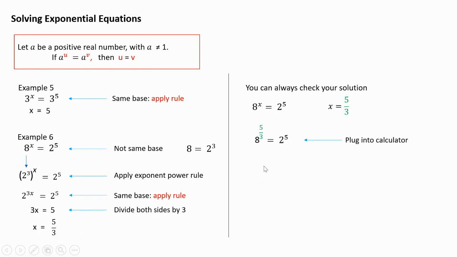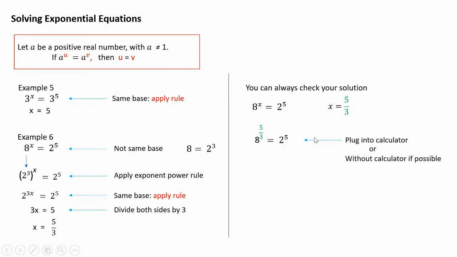So now here, you can plug into the calculator. But be real careful when you plug it in there, because some calculators do not give you the exponent. You have to put a little caret, like a pointer like that, on your calculator, and then you have to put it in parentheses. But if it gives you the exponent there in the calculator, then you put 5 divided by 3.